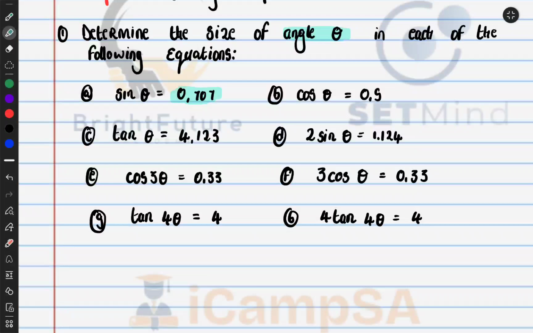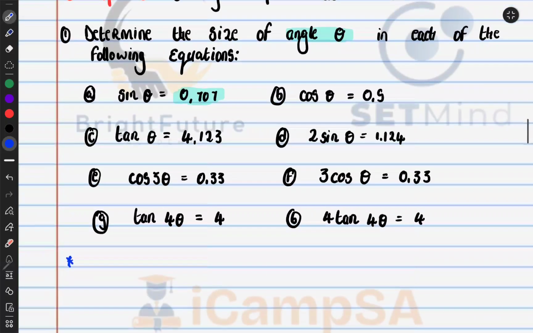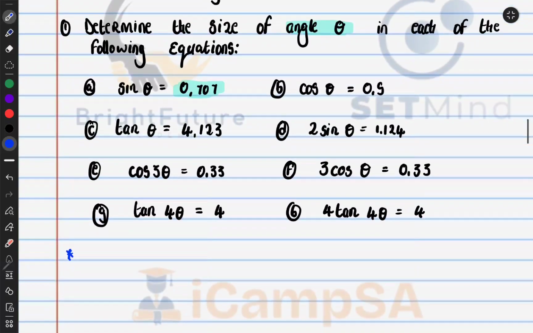So in your calculator, let me quickly write here, solving for trigonometry steps. Okay, so let's start with number A. We want to make theta the subject, because that is how we solve for angle theta, or for any unknown variable, by making it the subject.